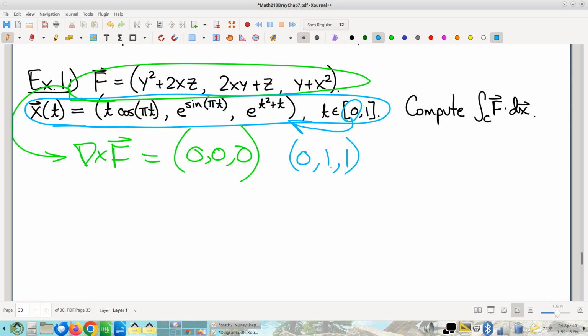So that's my starting point. My ending point for this curve, plugging in t equals 1: now I get minus 1, 1, and e squared. All right, is that cool?